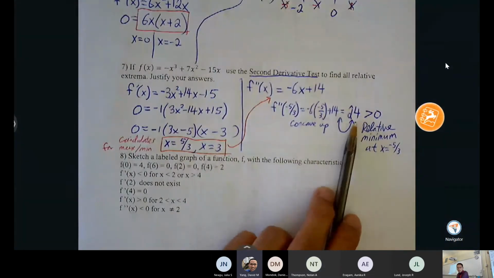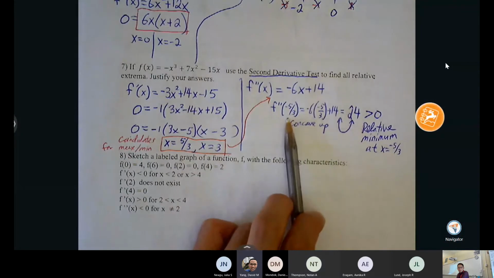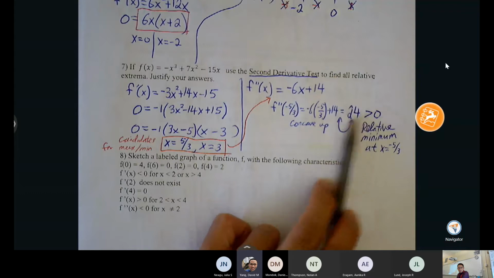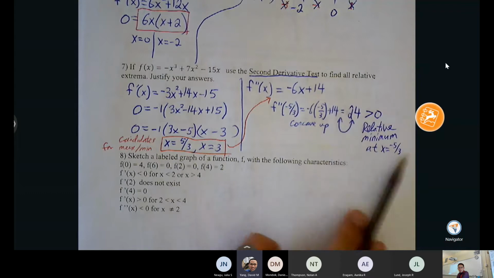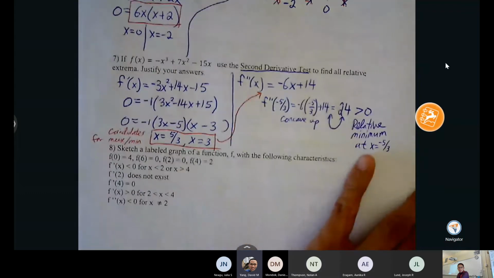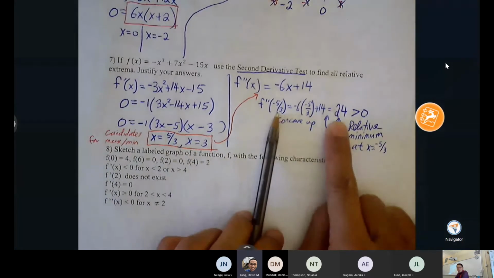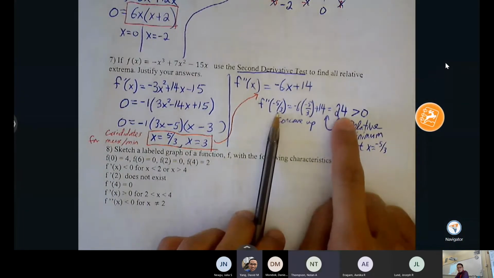This 24 is not from the original function. So that 24 is just telling us it's concave up. It's not going to have any other relevance for our problem. I see some students want to include this as the ordered pair, but that's not the y value.